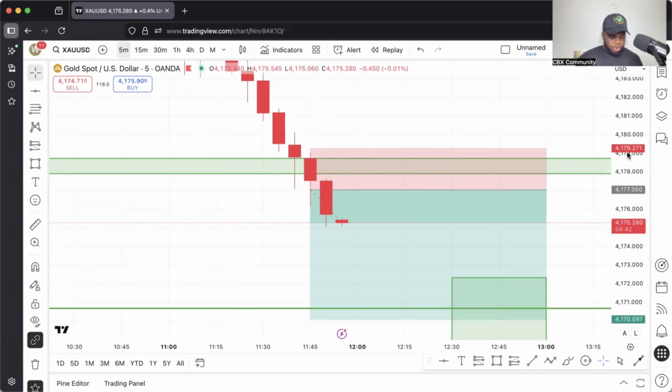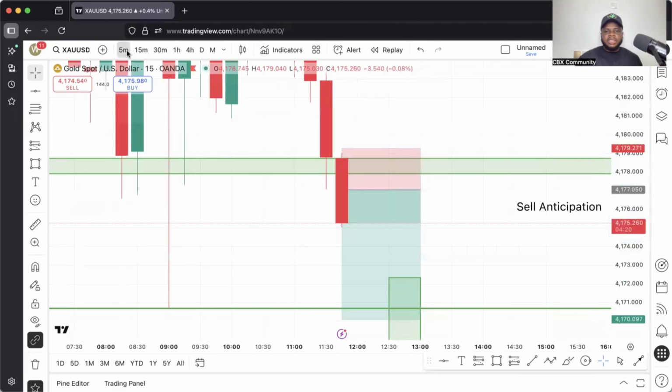So I'm going to modify my stop loss to 4179.27. Modify. So I've modified my stop loss, but the 5 minutes candle is left with 4 minutes.